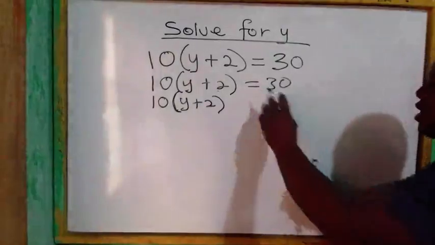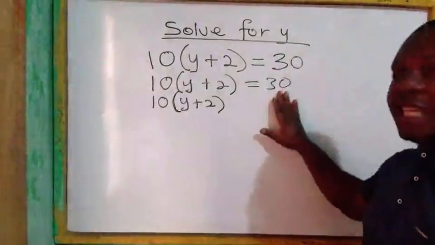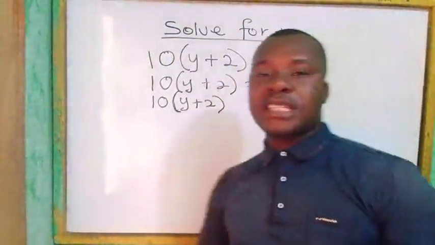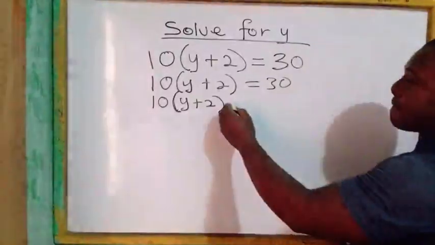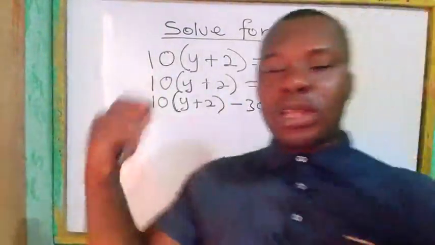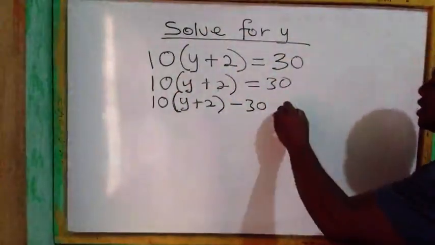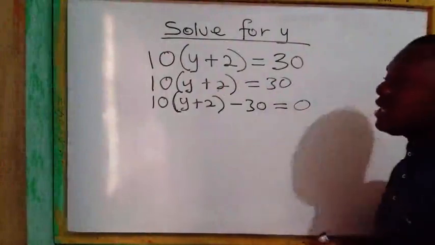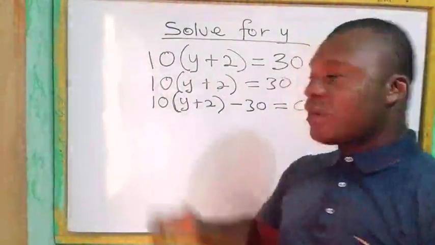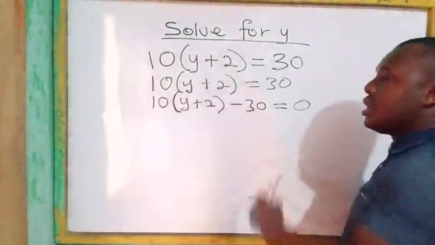Then you see this equal sign. This 30 here will move to this side, which will become minus 30. Then that amounts to 0.